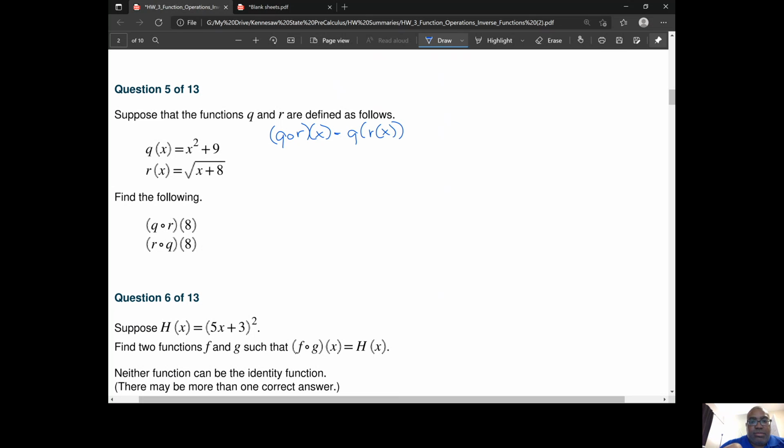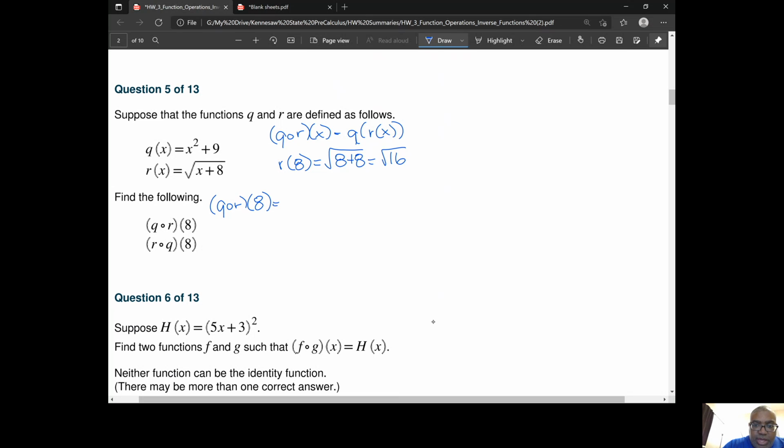So we can put that into that. Or for this instance, let's just do it. So Q of R of 8 is equal to, well, R of 8 is equal to square root of 8 plus 8, which is square root of 16.